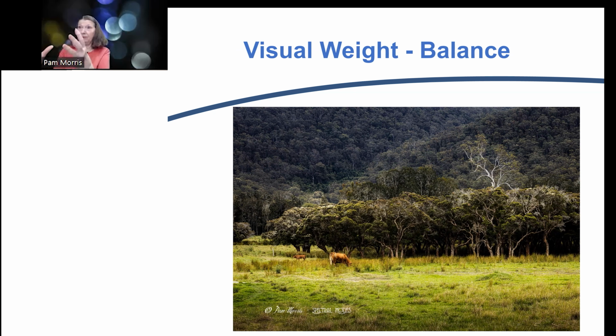I mean, whoa, we just dive straight into that. But you can see that it's balanced. That tree, that white tree coming out of the right-hand side at the top, is balancing the cow. So you can get visual balance through a number of elements.